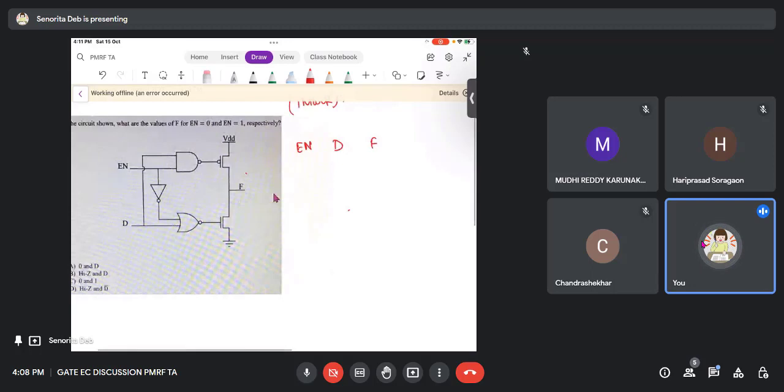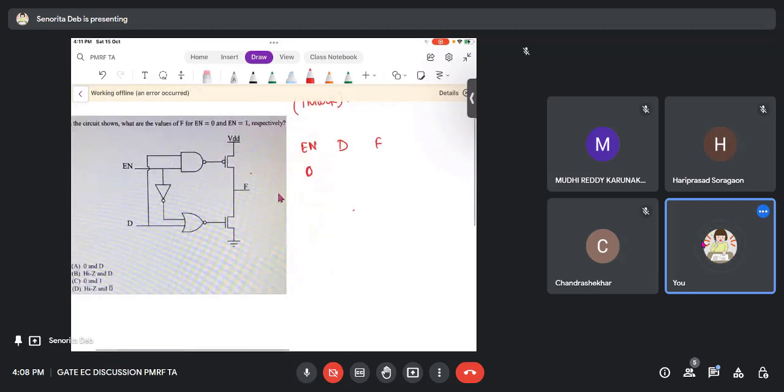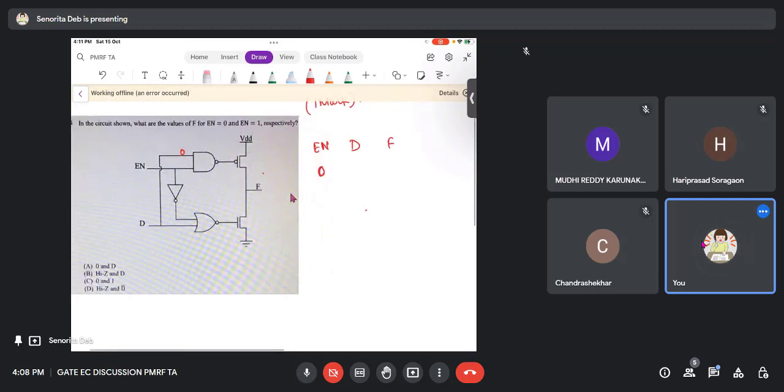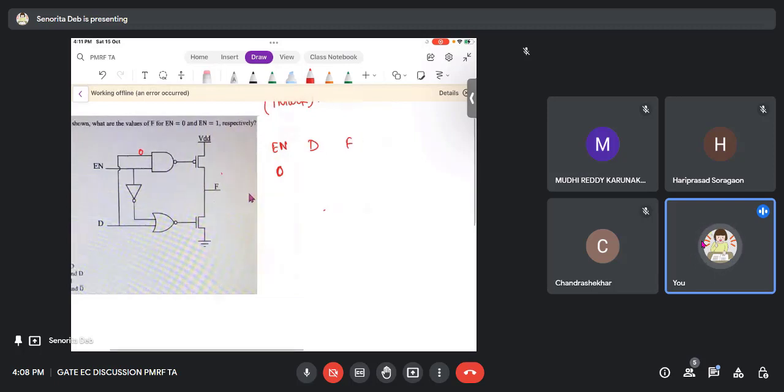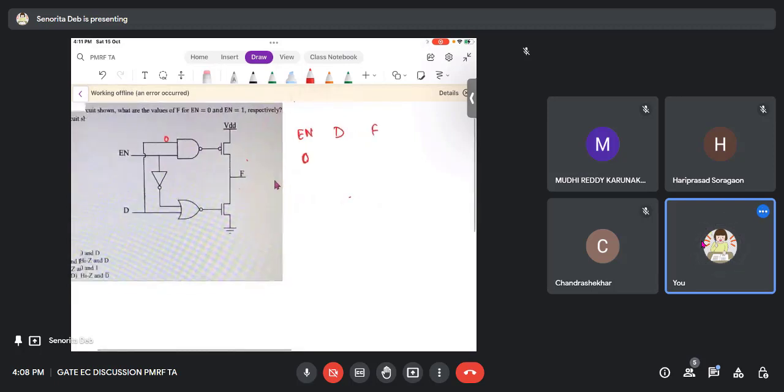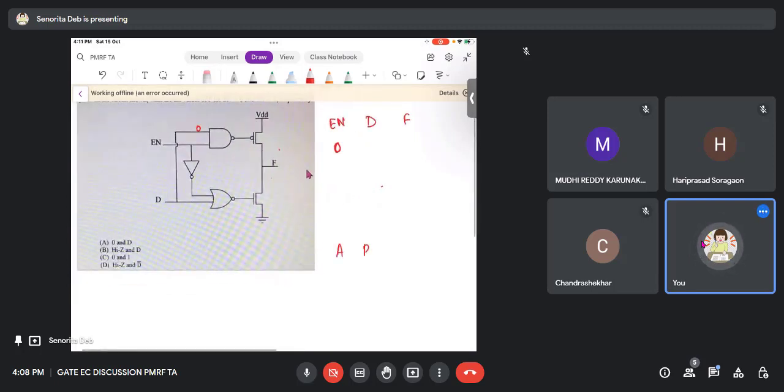So first thing is when enable is 0 and the input is NAND gate, right? So what is the truth table of the NAND gate? Truth table of NAND gate is if any one of the input is 0, the output will be 1. That is NAND, right? And what is NOR? NOR is just the opposite case.